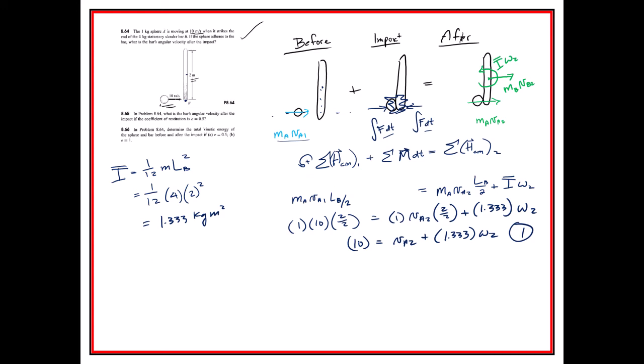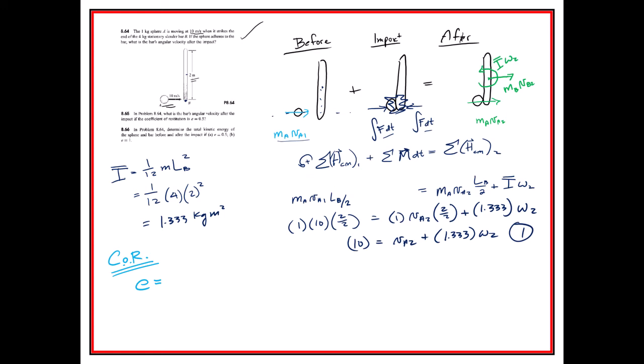What we could also do, if we were going to do this properly, just to make sure you know how to do it properly, is use the coefficient of restitution as the other equation. E is equal to the relative velocity after divided by negative relative velocity before, or you could say it the other way.